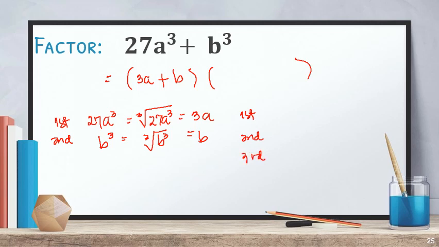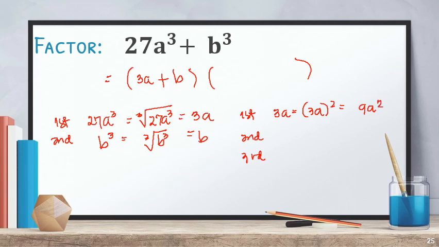For the first term, we will be getting the squared of the first term of our first factor. So the first term of our first factor is 3a. So the squared of 3a is what? So that is 9a squared.